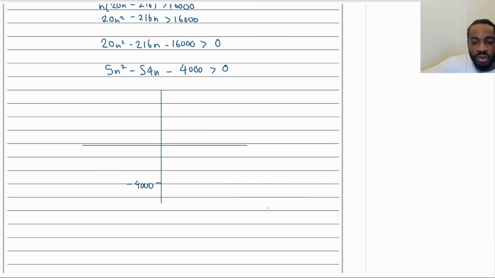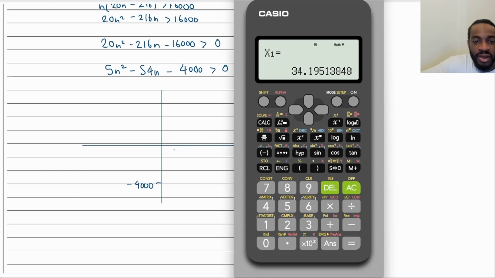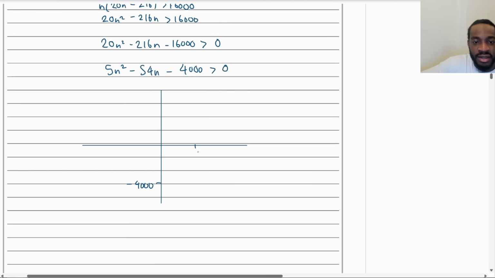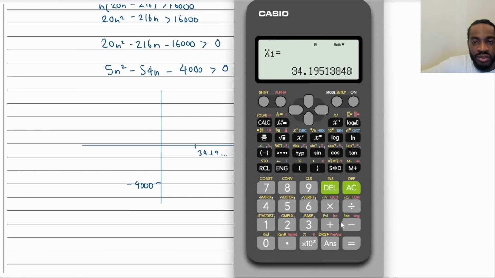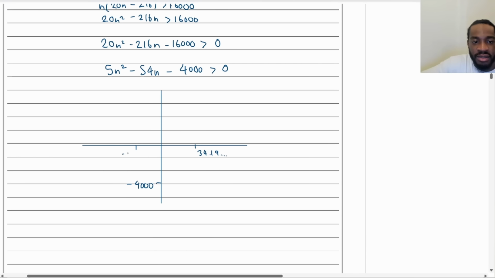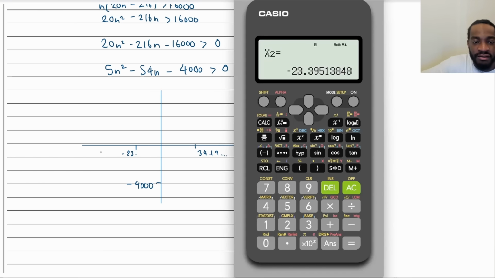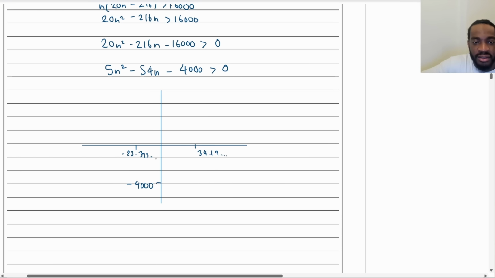And then we've got a root at 34.19, blah, blah, blah. Let's just say that's there. And then what's the other root? Minus 23.95, like that. So the quadratic will look like this.